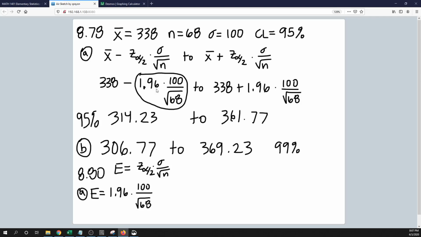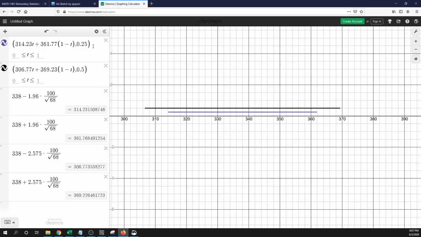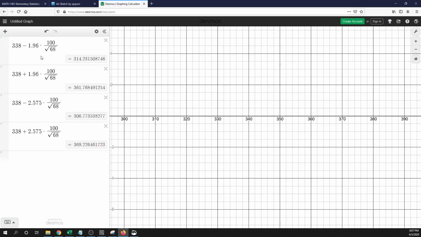All right, and we can go calculate that out. So we get a margin of error of 23.77 to 2 decimal places. Okay.